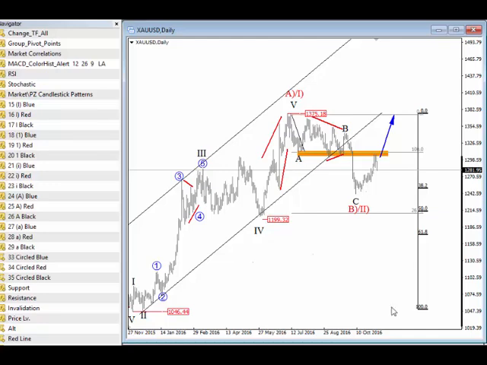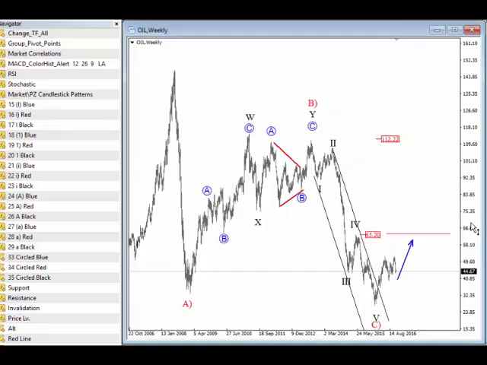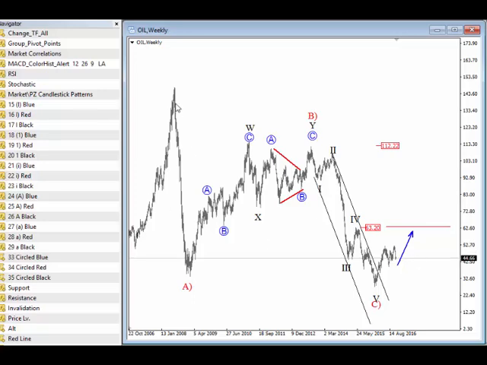And now let's take a look also at crude oil. Now on crude oil, as you know, we have labeled a completed three-wave decline from 2008 highs, especially after this nice 5 subwaves down into wave C. And as you can see, the market after that broke strongly to the upside, moved above this downward channel.